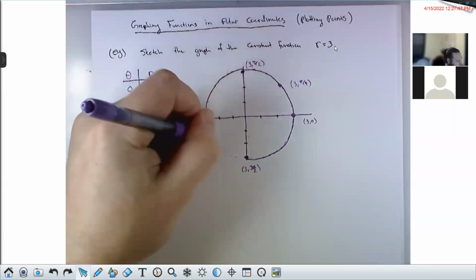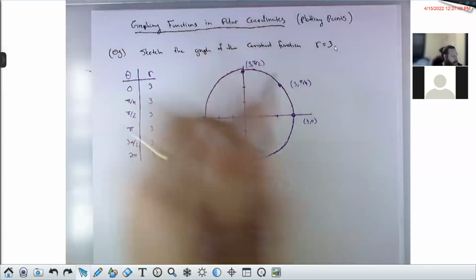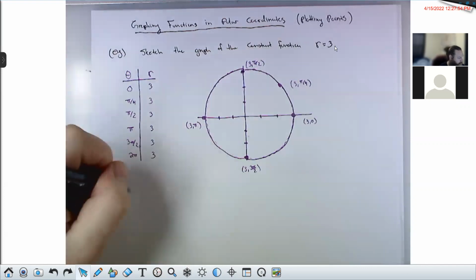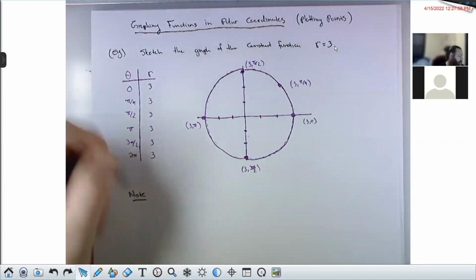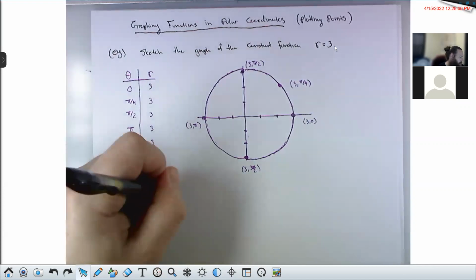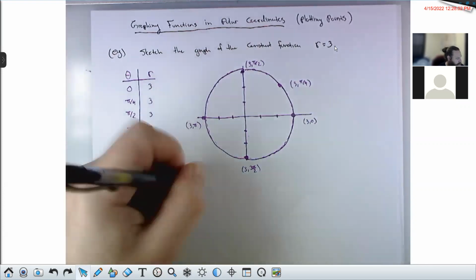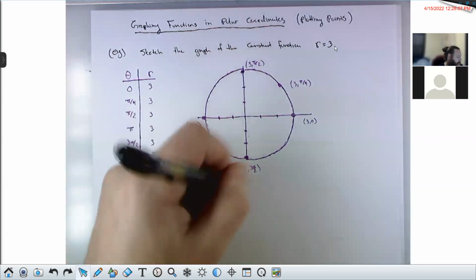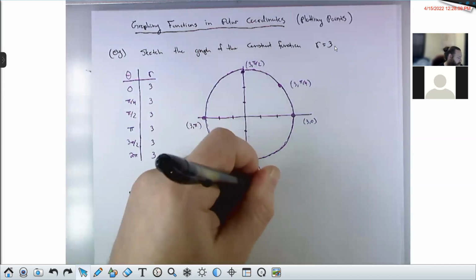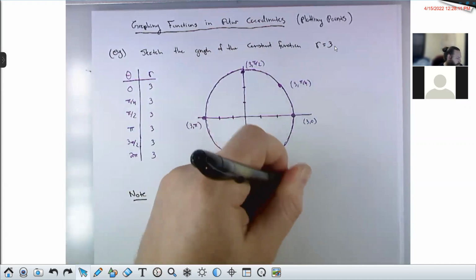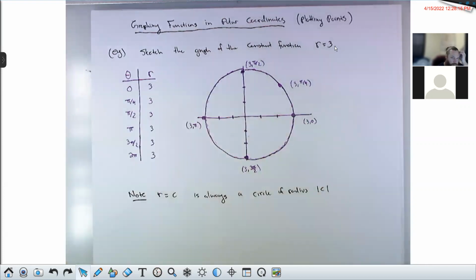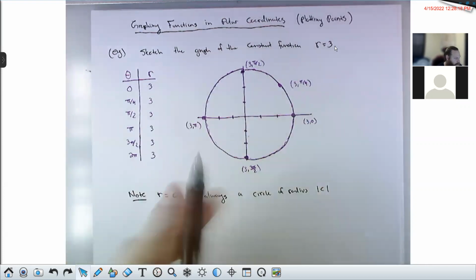So r equals a constant, right? There's nothing special about 3 here. r equals c, where c is a constant, is always a circle of radius, I should say absolute value of c, because if you took r equals -3, it would be the same thing.